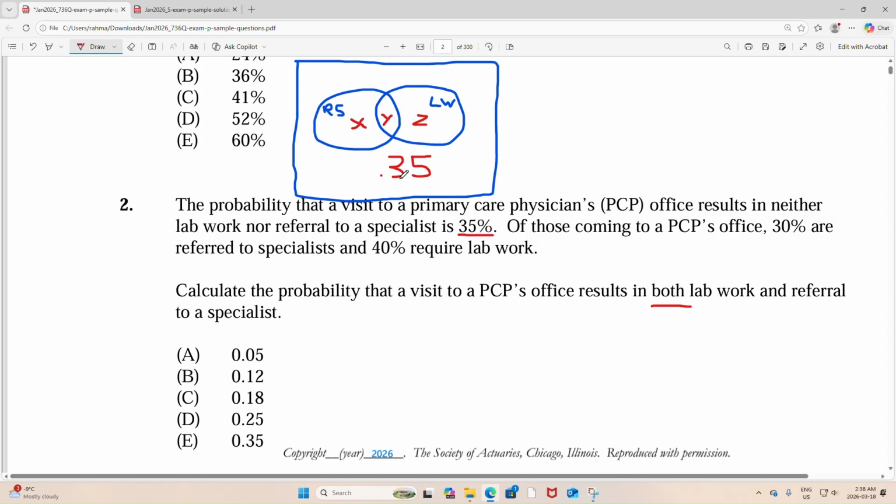So if this part is 0.35, then that means the sum of X and Y and Z is going to be 1 minus 0.35, which is 0.65.